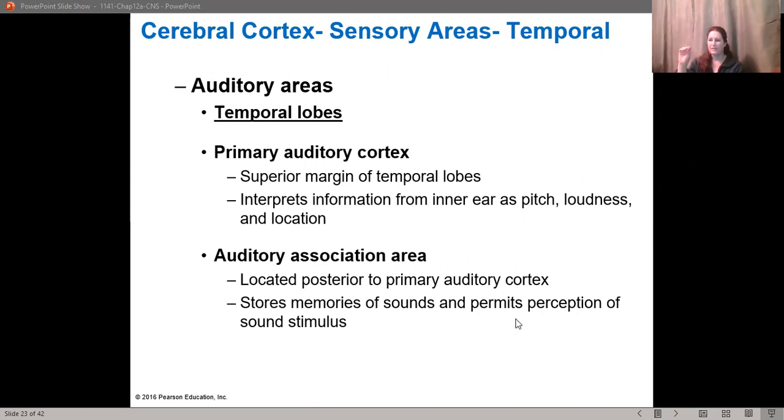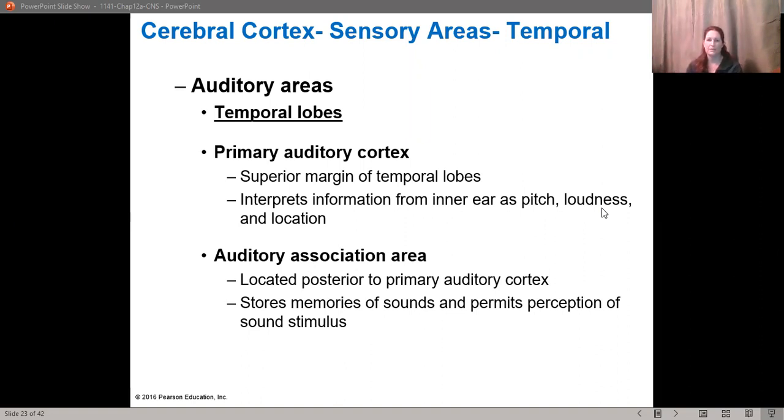So the raw information that gets sent with hearing includes pitch and loudness, because loudness is how much that hair cell is bent over. That's why really loud noises can bend them over so much that they break. And they're not replaced, by the way. So be careful with your hearing. And then pitch is how far along it is in that cochlea.